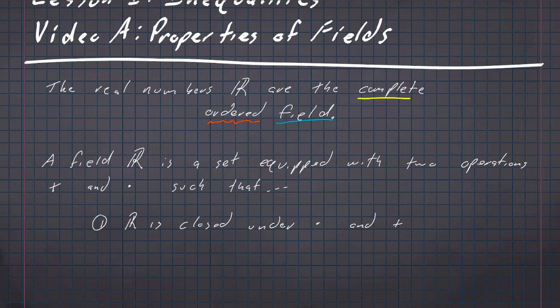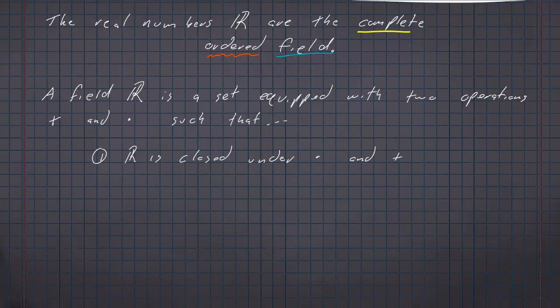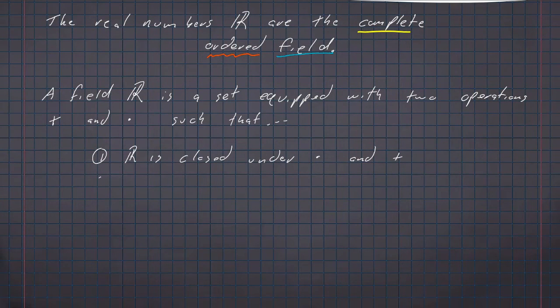The field must be closed under both the addition and multiplication operation. And those operations can be abstracted. We're going to stick with the operations that you are familiar with. But I do like to mention that there is a branch of mathematics called abstract algebra that asks questions about what if these things took on different meanings?